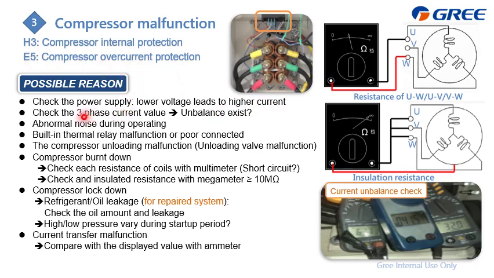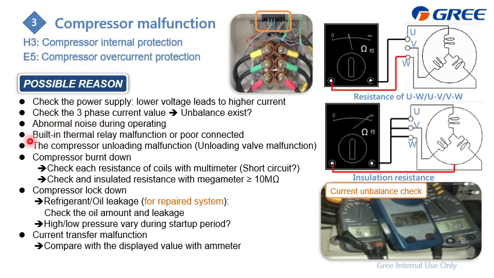After that, please check the three phase current values to ensure there is no unbalance. And during operation, if you hear any abnormal noise from the compressor, you can also confirm that the compressor is malfunctioning.